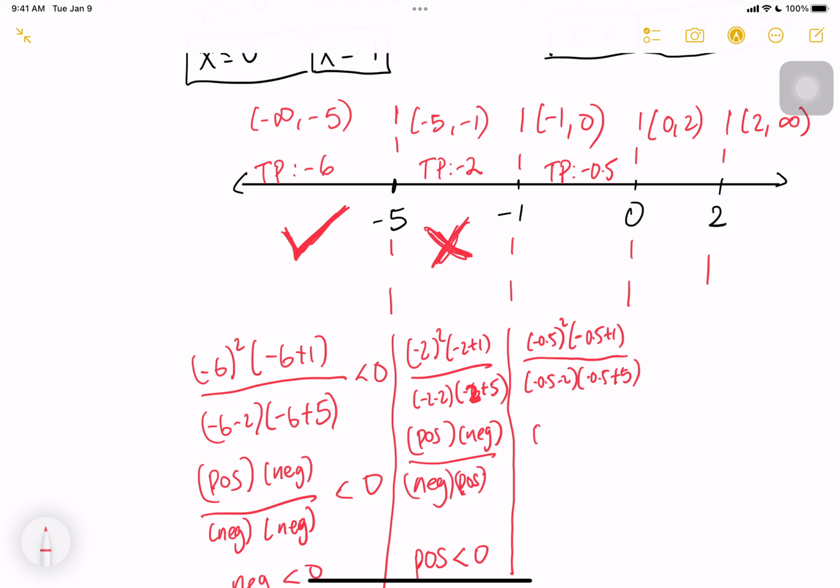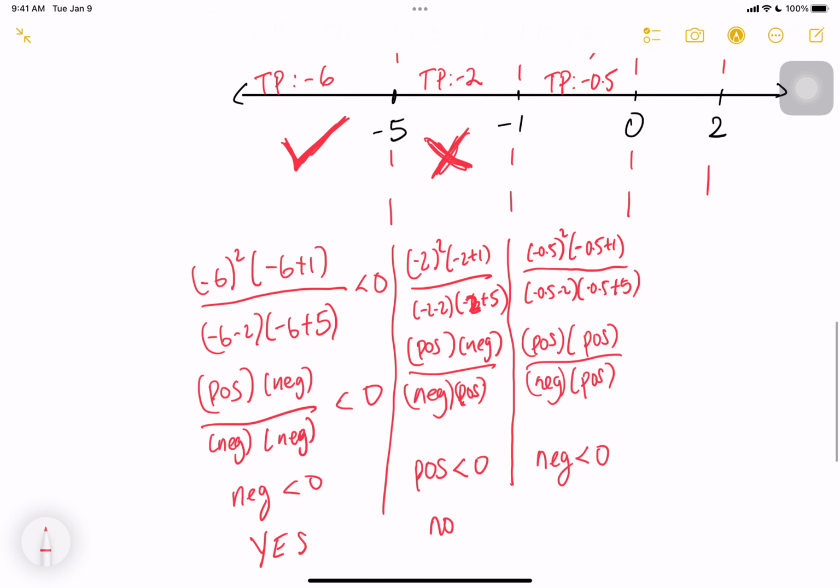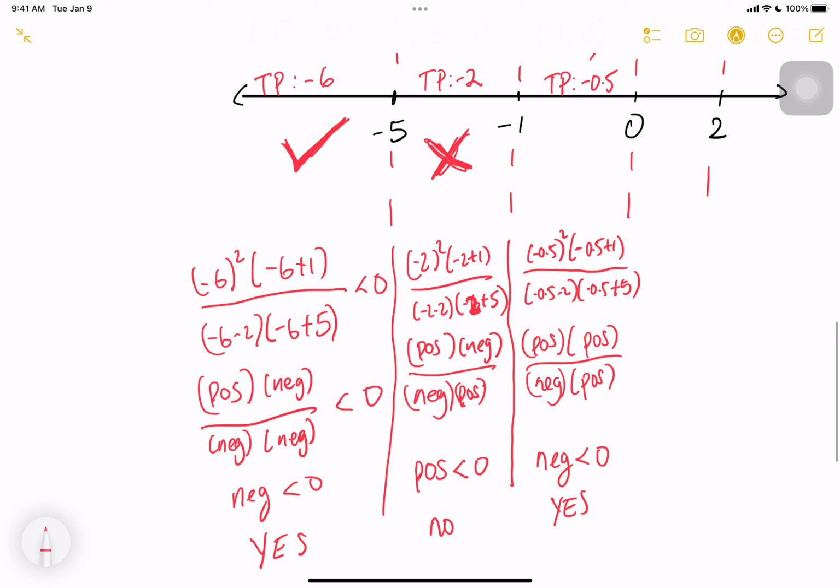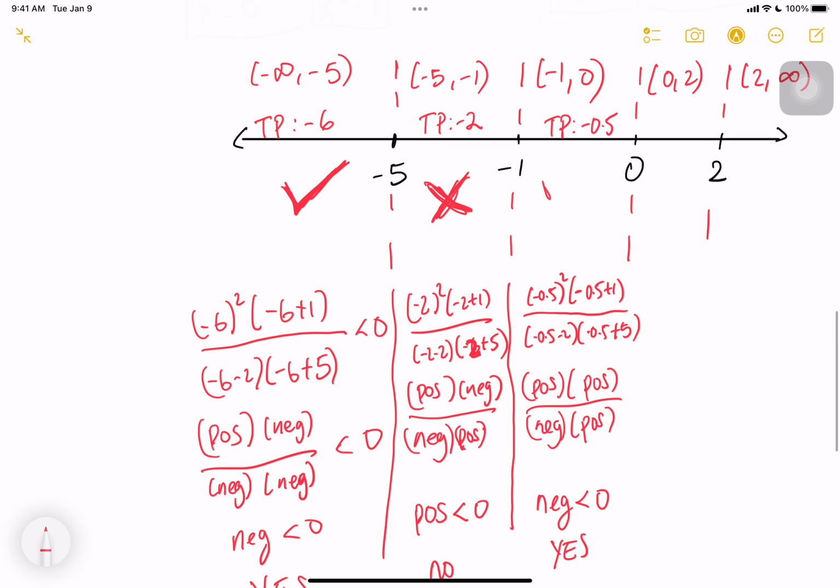So the first one is positive. The first one is always going to be positive. The next one is positive. The next one is negative. And then the last one is positive. I have one negative, so the whole thing is negative. A negative number is indeed less than 0. That's true. And so therefore this will take a check mark.